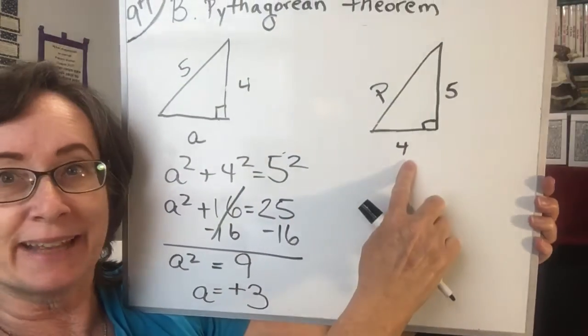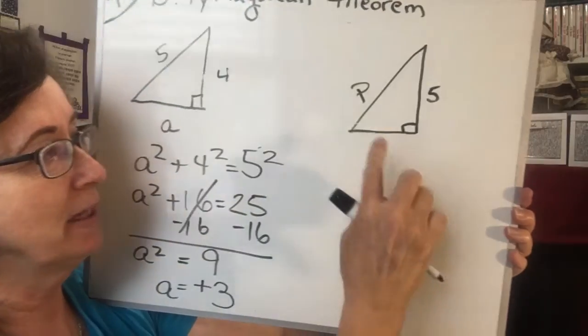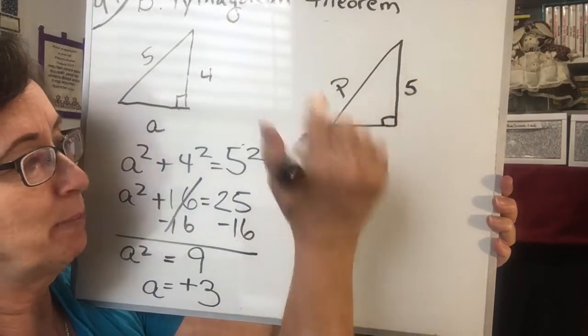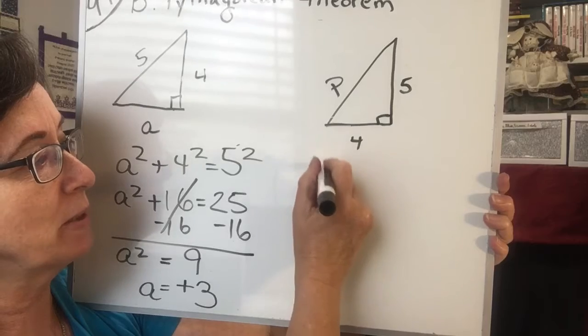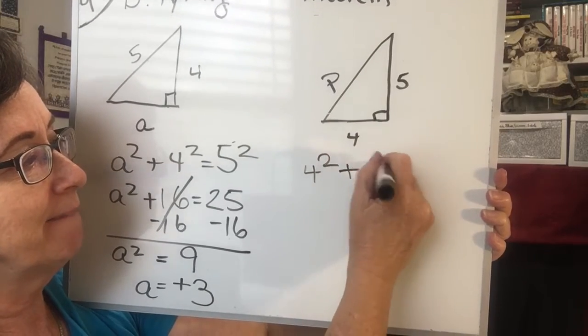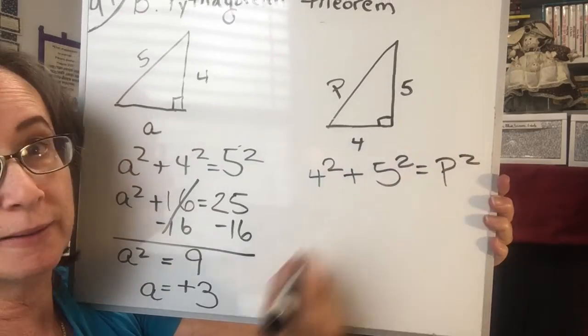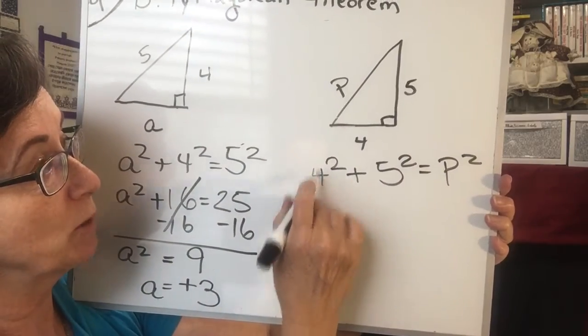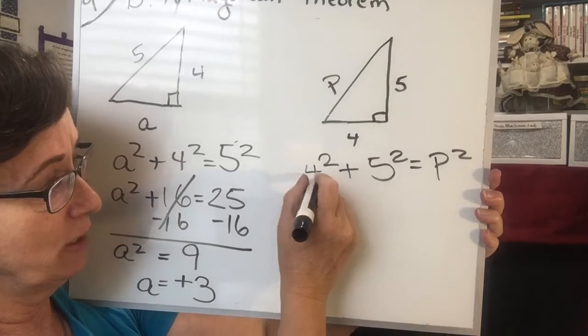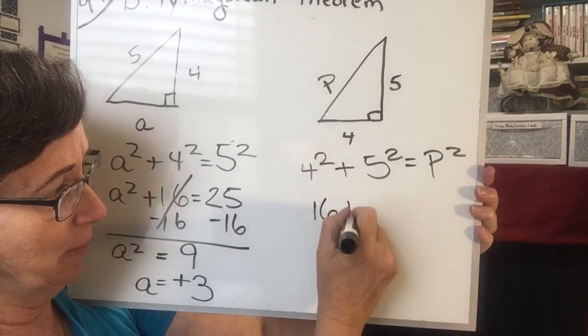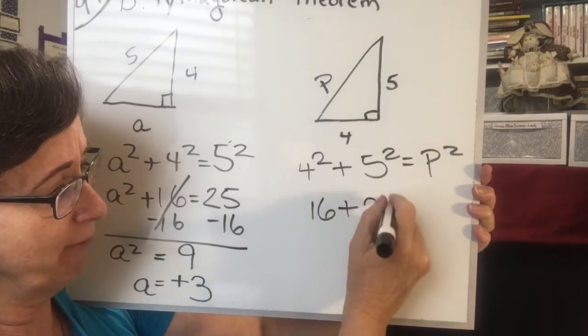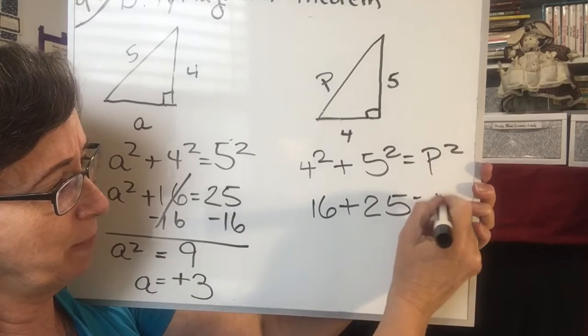So now let's look at this one. We have a leg and a leg and a hypotenuse. So we would say 4 squared plus 5 squared equals P squared. So now we're trying to find out what P is. So 4 squared is 16 plus 5 squared is 25 equals P squared.